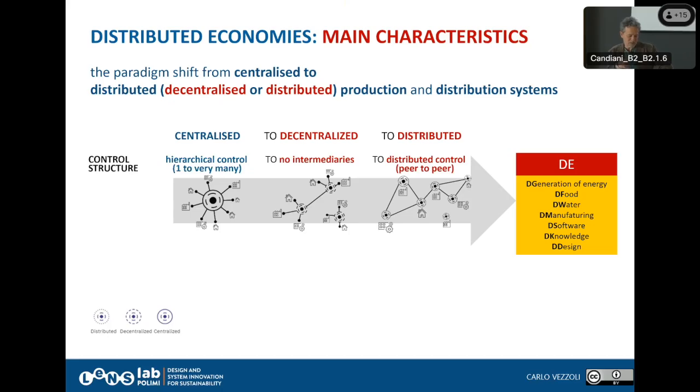The control structure moves from a hierarchical control, one decides for very many, to a decentralized system, which I will explain a little bit better in a while, but I'm going to tell you even now. Decentralized, we don't have intermediaries, okay? So there are small production units nearby the place where I'm living.